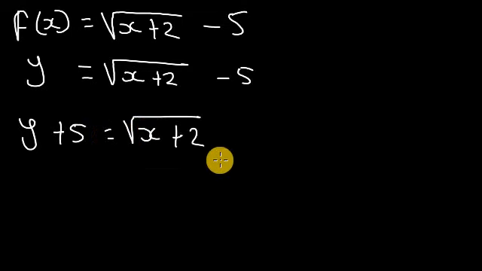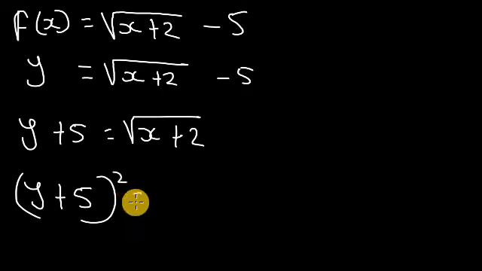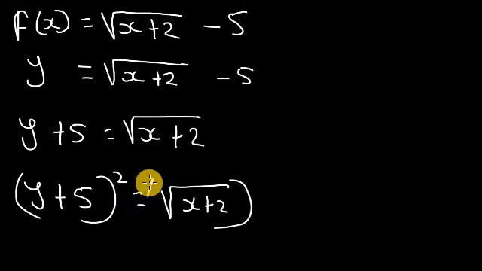Then for now, I would like to square both sides in order to get rid of this square root. So I'm going to have y plus 5 all squared equals square root of x plus 2, then all squared. Now at the right hand side, the square and the square root can cancel out.